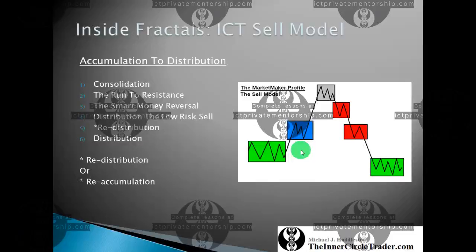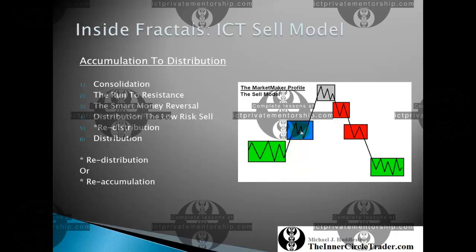So it's important to understand that the central banks are in business to provide liquidity, yes, but they're also a business. They're not just simply there to give everyone free opportunities to make money. Okay, so the initial consolidation here is an accumulation phase.